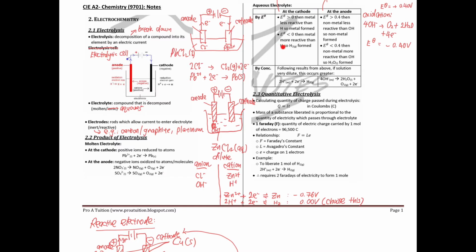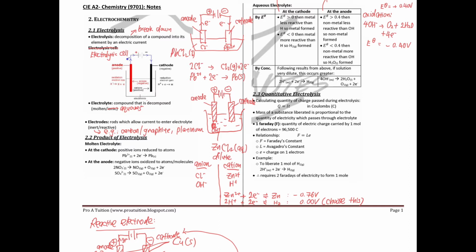So the more reactive one we don't choose. We choose the other one. We choose H plus to form H2. This is a way to explain it. But if you follow the way I said just now, just choose the one that is more positive, then it's easier. This is another way to take it. If it's less than 0, you don't choose the metal, but you choose H plus. That is similar, the same idea as this one.